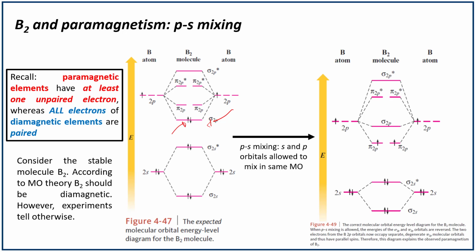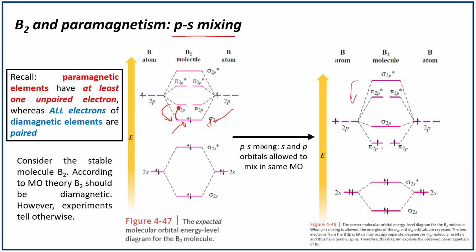So in the case of boron, and we'll name 3 more elements, what actually happens is this s-p mixing. Instead of having the sigma 2p orbital lower in energy, these two actually get flipped, and instead we have this order.